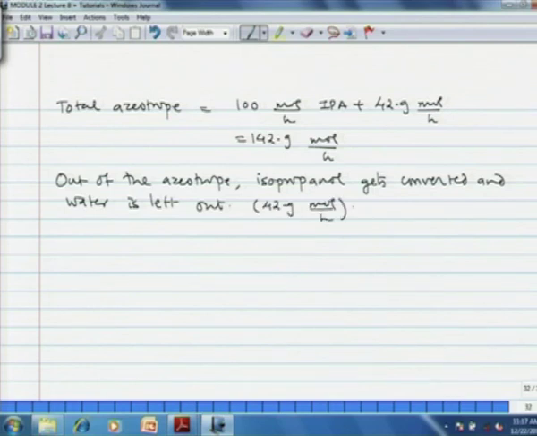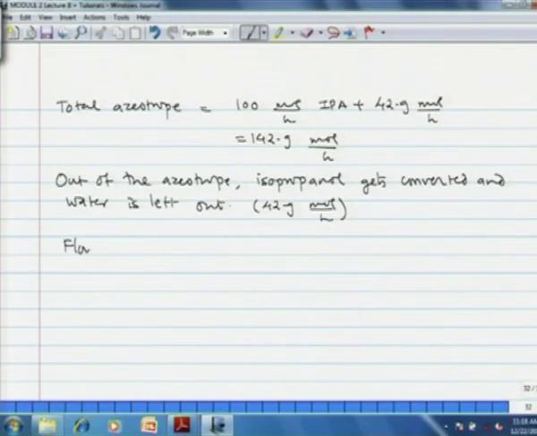So, if we compare this particular process to the HDA process that we have seen, water you can consider as an impurity, and then that has to be removed from the process at all times. Therefore, the flow rate of water at reactor outlet will be equal to 42.9 mole per hour.